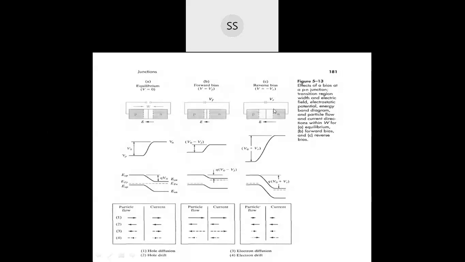Whereas in the reverse bias condition, the field is still more increased because of the applied voltage. That is evident from the arrow mark. In forward bias, the arrow is shorter than in the equilibrium condition. In the reverse bias condition, the length of the arrow is more than the equilibrium condition. So the electric field reduces in forward bias and increases in reverse bias.